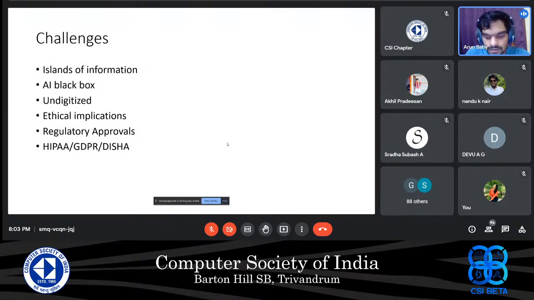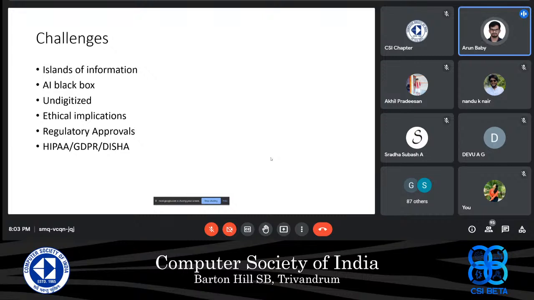Let's talk about the challenges that we are facing while developing solutions for the medical industry. Due to patient confidentiality agreements and the privacy policies of hospitals, they have their own islands of information which they don't share with other people.